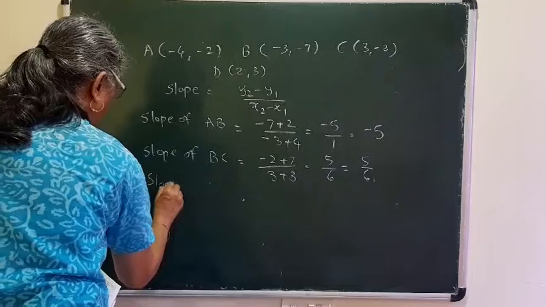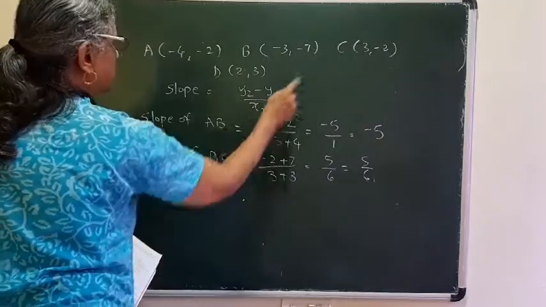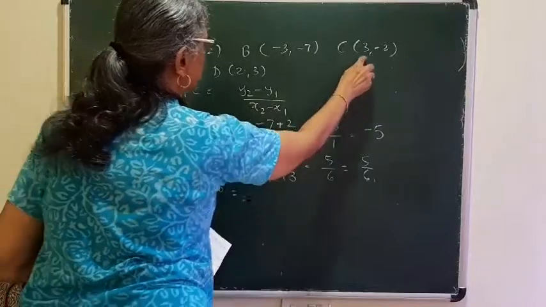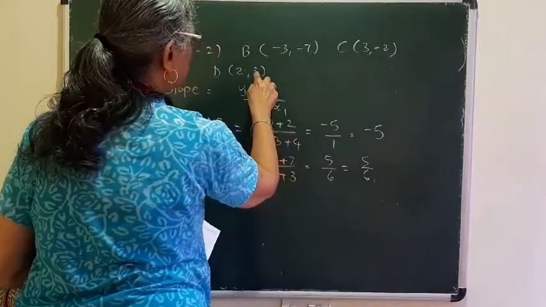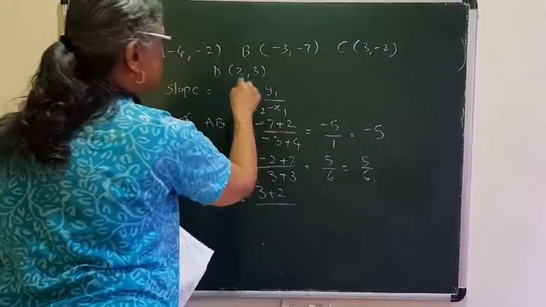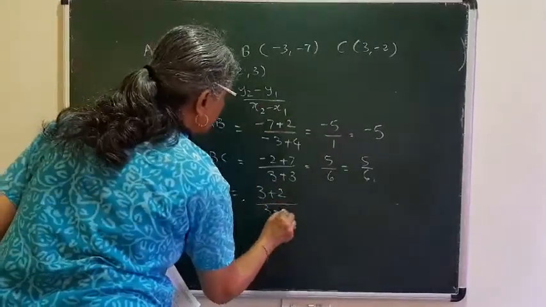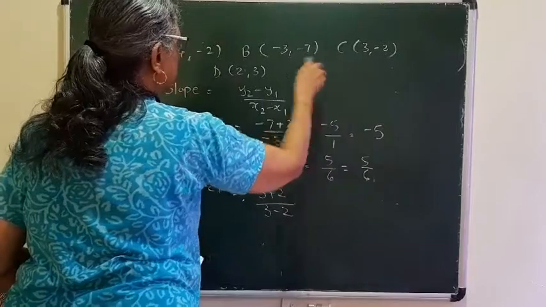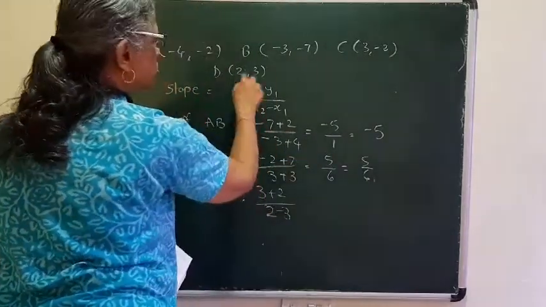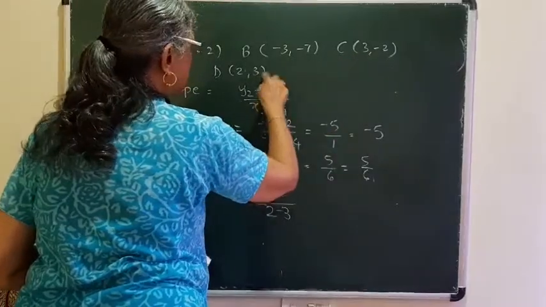Then slope of CD, line CD will be x1 y1, x2 y2. So y2 minus y1 upon x2 minus x1. So this is x2, this is x1, this is y2, this is y1.